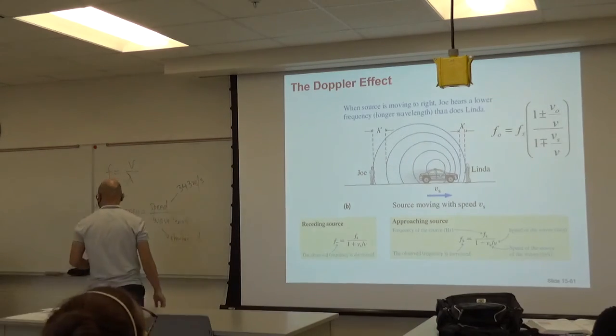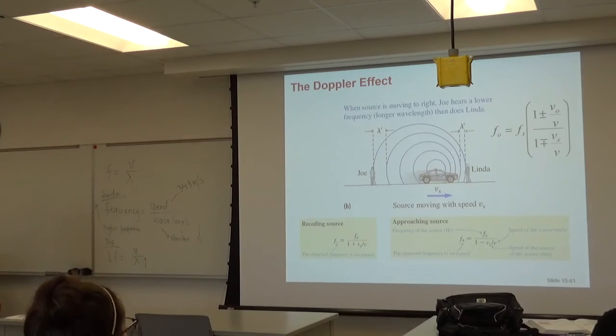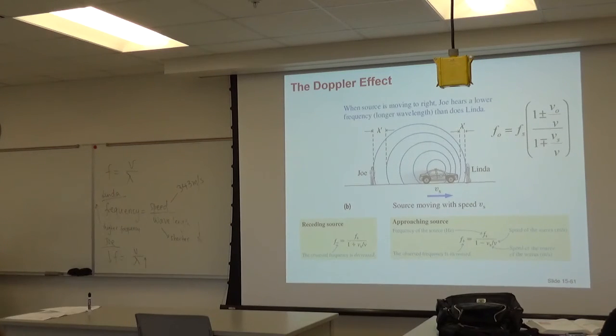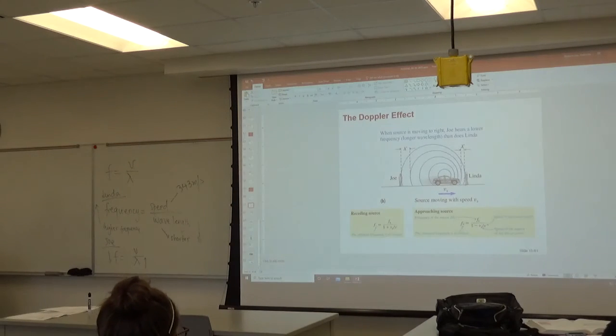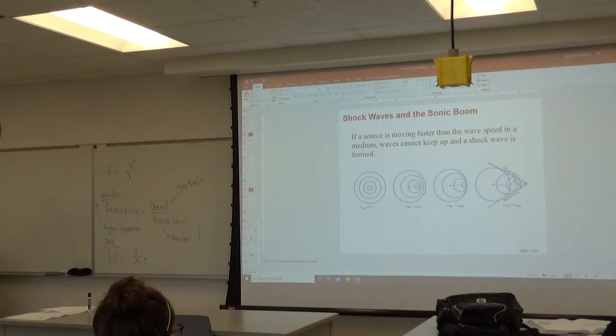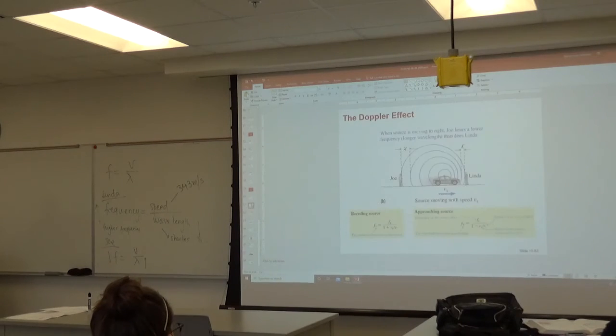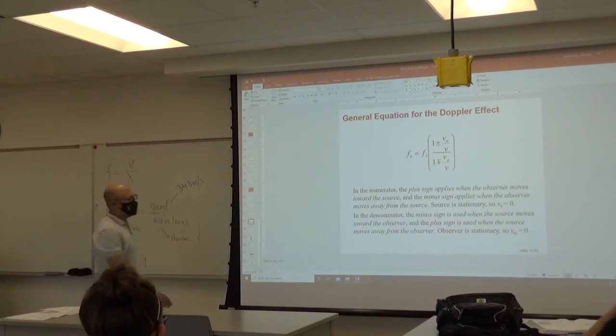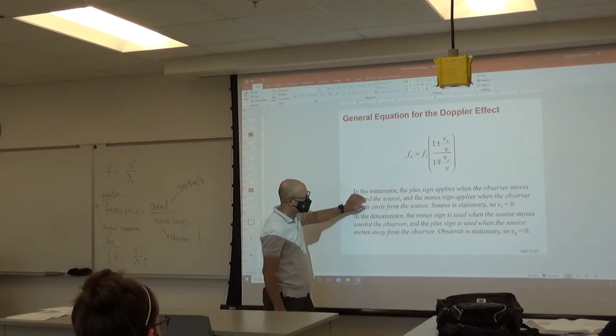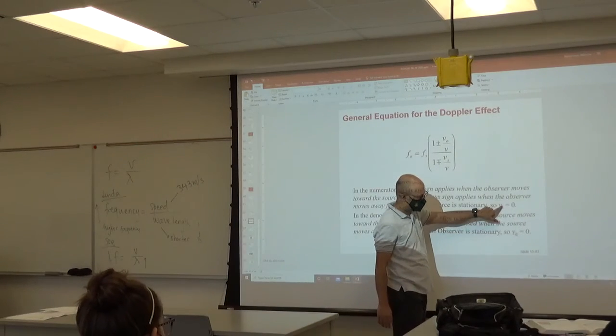Does that make sense? So this will tell you what you need to do. Just read this thing here, and that will be clear. This is for when the source is at rest.